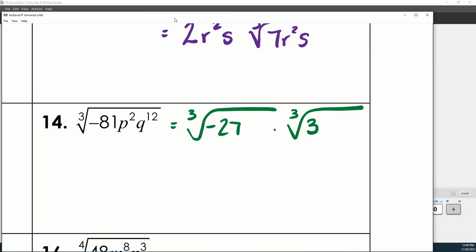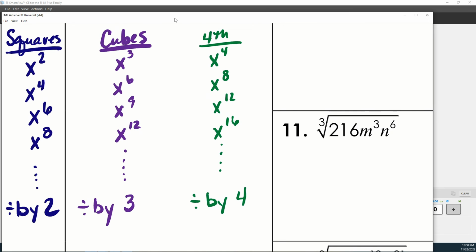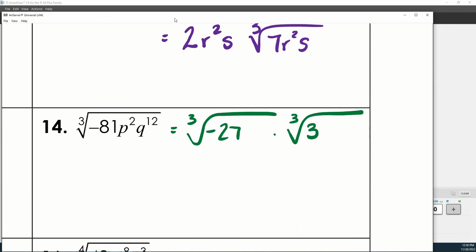All right, and then this one is kind of tricky. So we have this p to the 2nd, and this is a cube root. So if I'm looking at these cubes, I can't go to a number without going over 2. So if this number is smaller than this one, then I can't break it down. So you just put it over in the second radical.